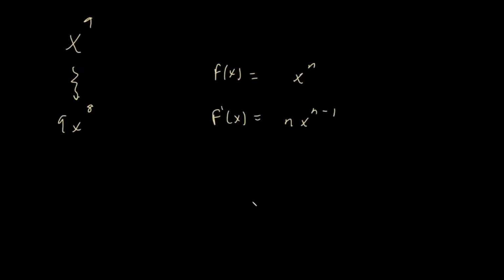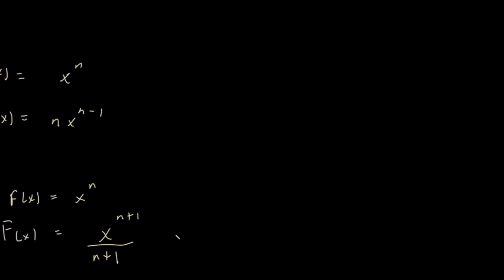Now, if f of x equals x to the n, its antiderivative, big F of x, is going to be x to the n plus 1 divided by n plus 1. So take a look at this. If you were to differentiate it, the n plus 1 comes down and cancels out with this n plus 1 and decreases by 1, so you're left with x to the n. So let's use this rule. This is the backwards power rule here.